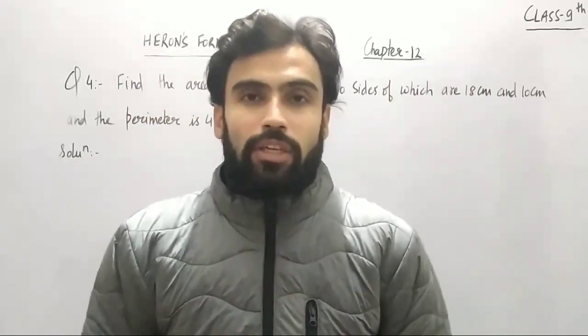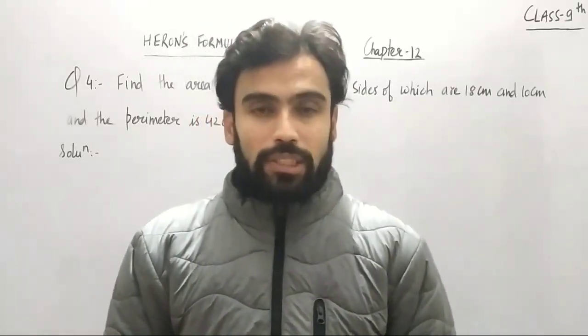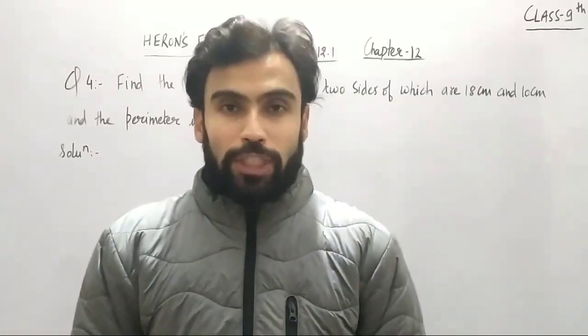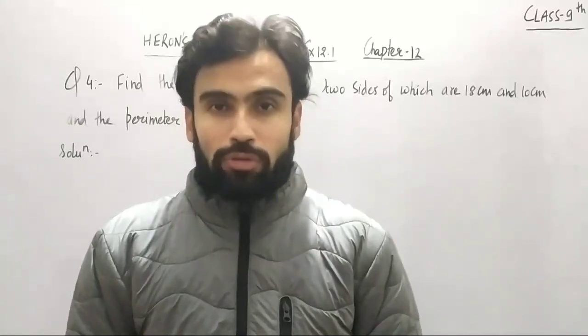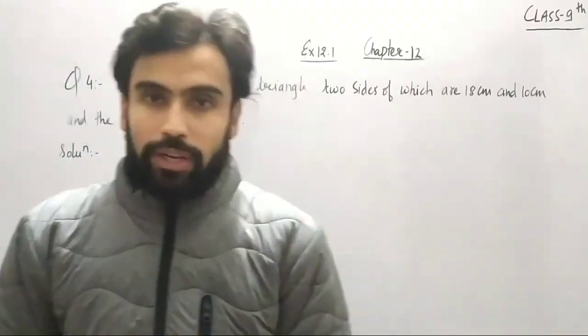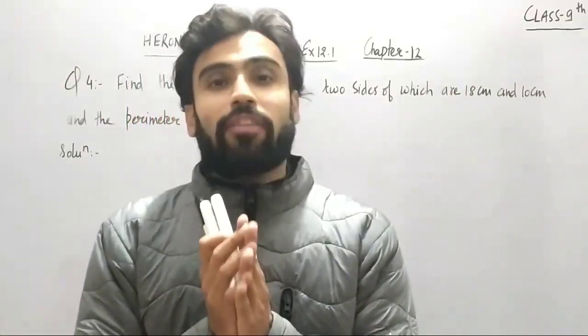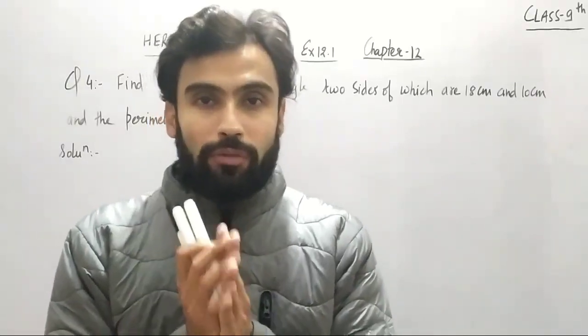My name is Aditya and in the previous video we have successfully completed exercise 12.1 of chapter number 12, that is Heron's formula, right? So up to question number three you can see. Now I hope you have understood the first three questions and the examples that we have done in the earlier videos.